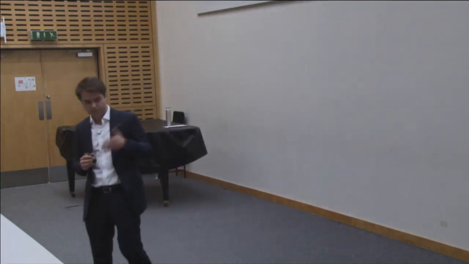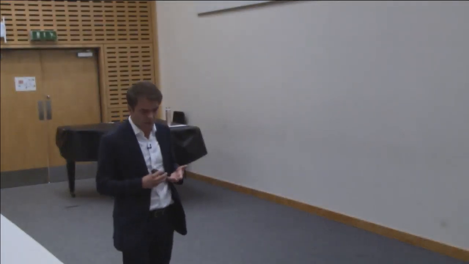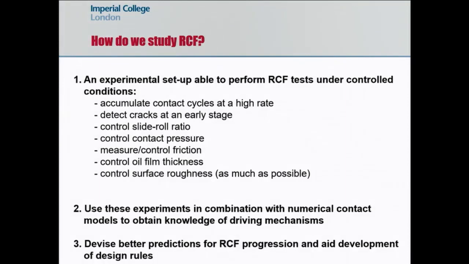What do we do? Well, three things, really. Number one is trying to gain some improved understanding by using an experimental methodology. And what do we need to study this experimentally? Well, number one thing, really, is we need to accumulate contact cycles at a very fast rate because we're lazy. We're not going to sit there for weeks waiting for this failure. So that's number one.